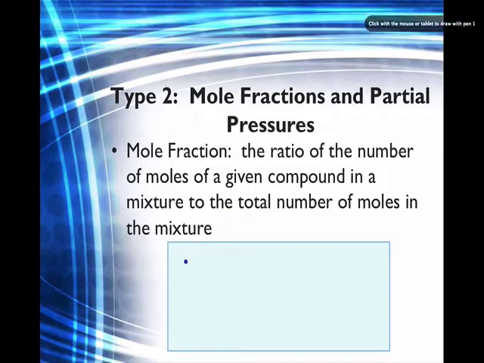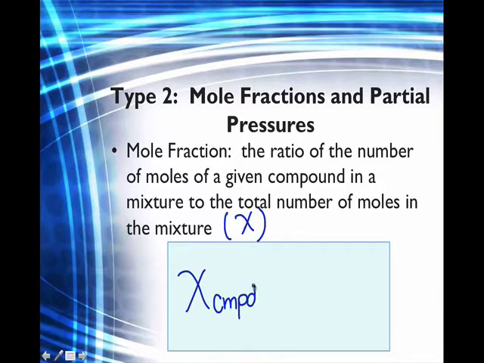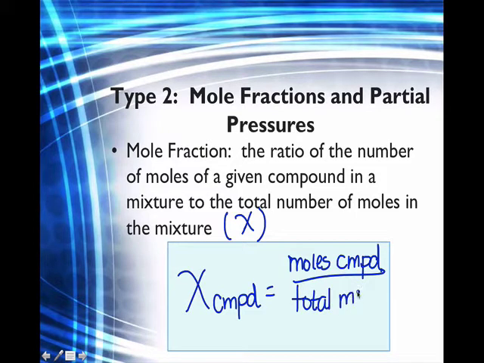So if we wanted to write a general equation, the variable we use for mole fraction is chi, and it's this kind of weird looking x. So the mole fraction of whatever compound I'm focusing on is equal to the moles of that compound divided by the total moles in our mixture.